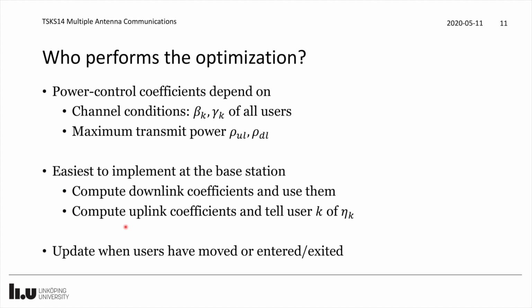So the base station needs to know the downlink coefficients, so they don't need to tell anyone about them, but they need to tell the users what kind of modulation format they're going to use. And if we are in the uplink, then we need to tell the users what power control coefficient to use and what modulation format to use. And importantly, even if everyone gets the same SINR, it doesn't mean that it will be the same all of the time as you're operating the system, because that same value will depend strongly on where the current set of users are. And we will see that in our simulation part.